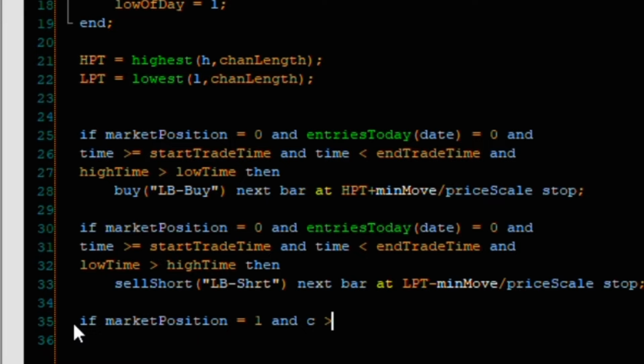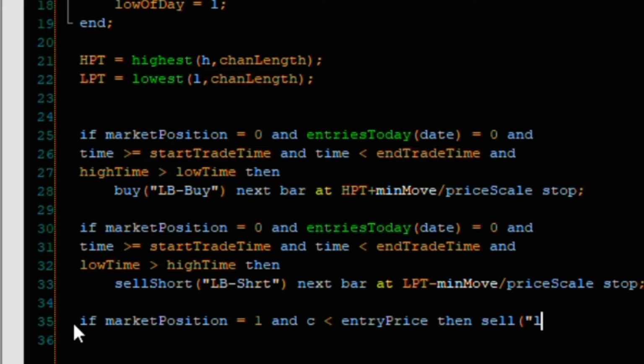If I'm in a losing position, I'm going to use the lowest low of the last 3 bars if I'm long to get out. So I'm going to say close is less than entry price. I'm long, and my close of the bar is less than my entry price, then I'm undoubtedly in a losing position. Then I'm going to sell.